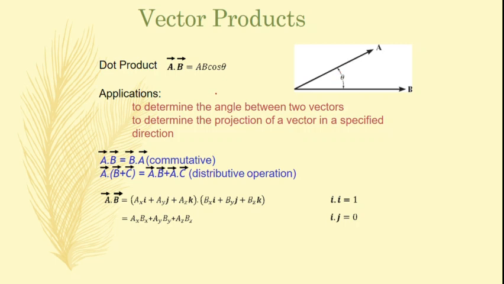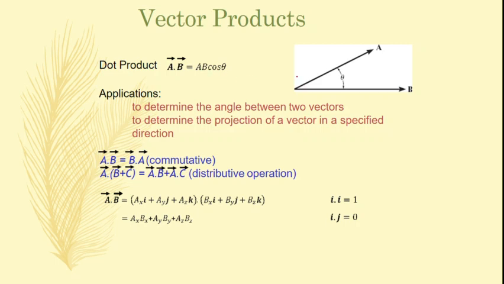Where we can apply this dot product: it is actually used to determine the angle between any two vectors. If we want to find out the angle between any two vectors, we can take the dot product, and it also determines the projection of a vector with respect to another vector. Here, what is b cos theta?